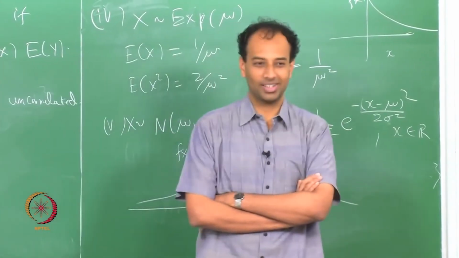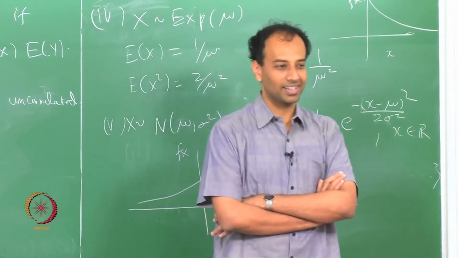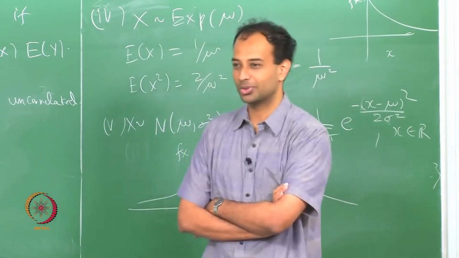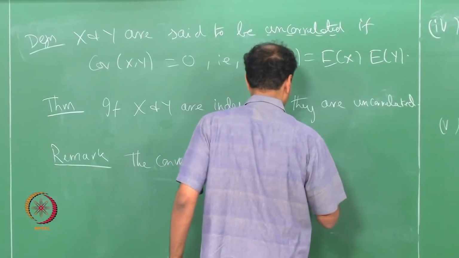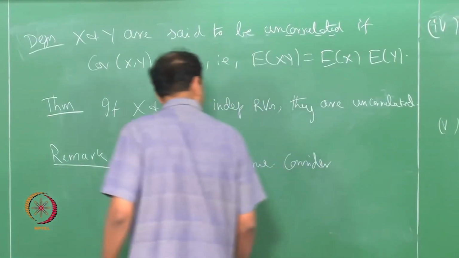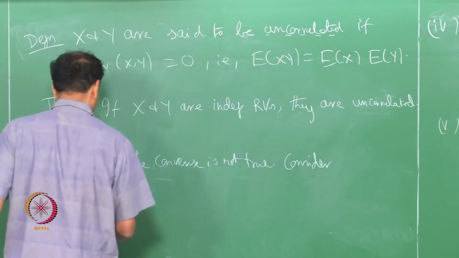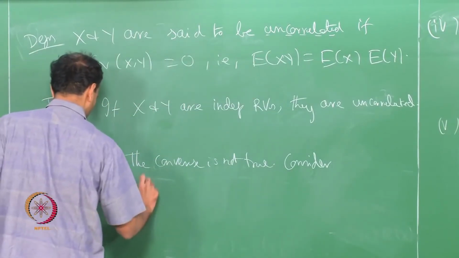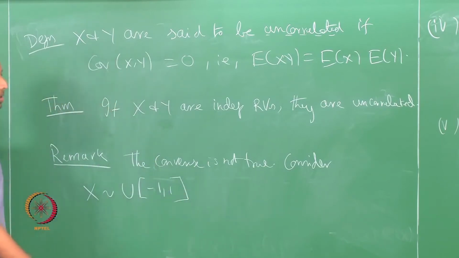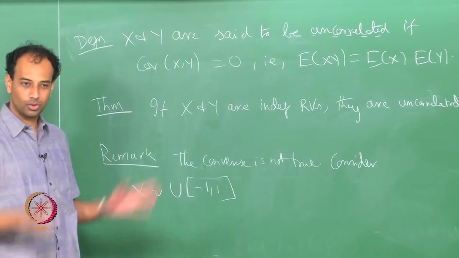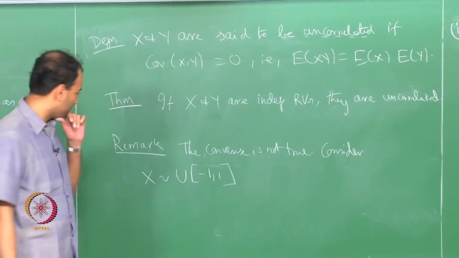You have to cook up an example. It is not entirely trivial, but there are some easy examples. There are many examples you can cook up, but consider x uniform in -1 to 1.